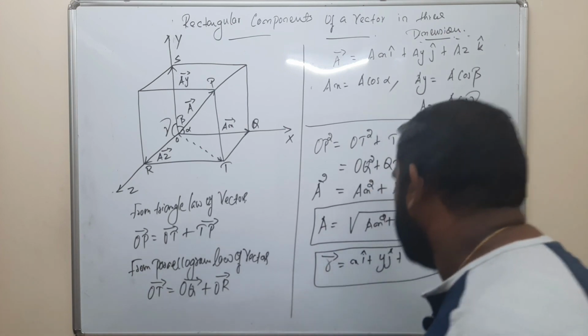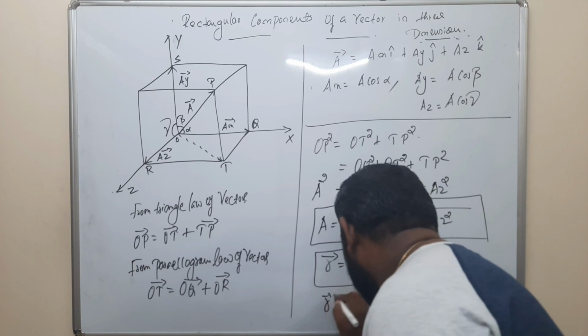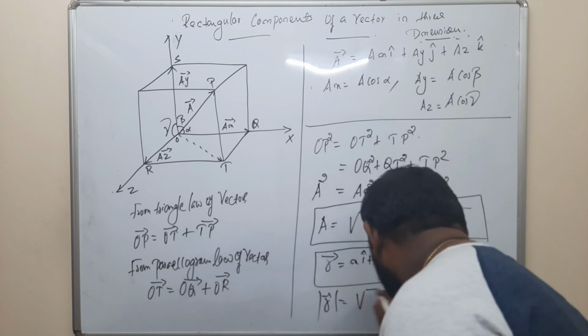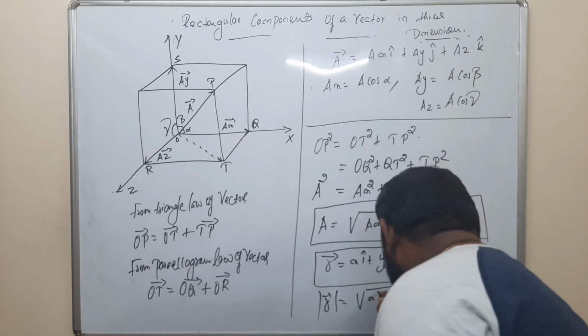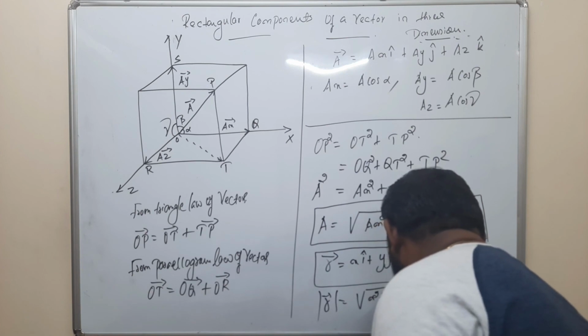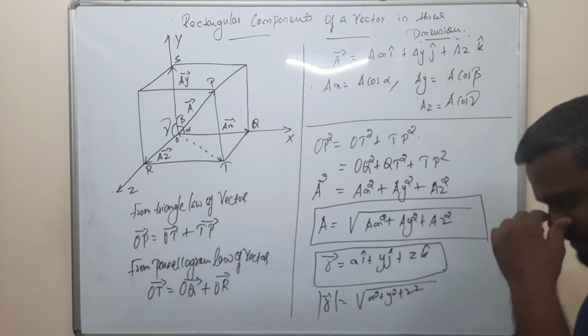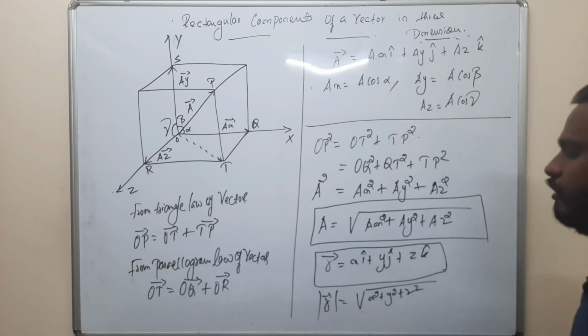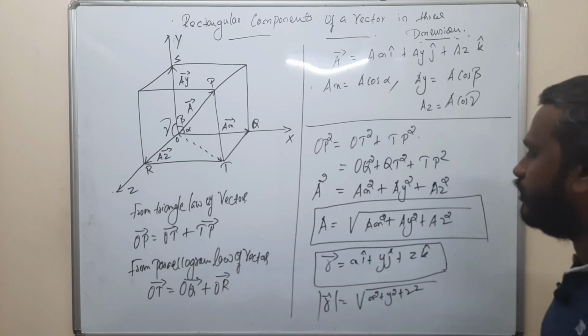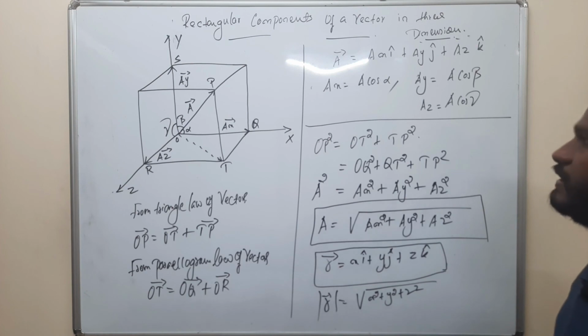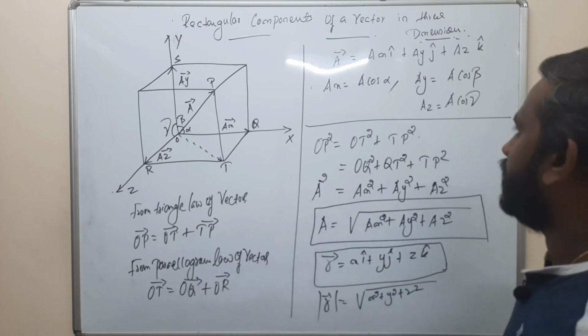What is the magnitude of this position vector? That is modulus of R vector is equal to square root of X square plus Y square plus Z square. That is very, very important. So this is the rectangular components of a vector in 3 dimension.